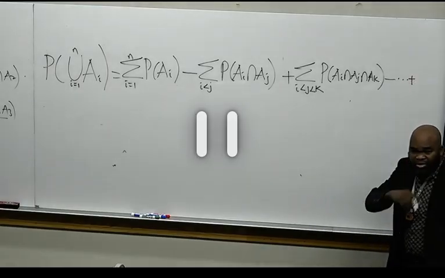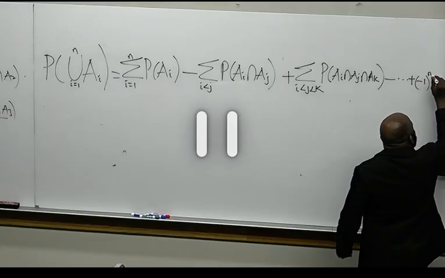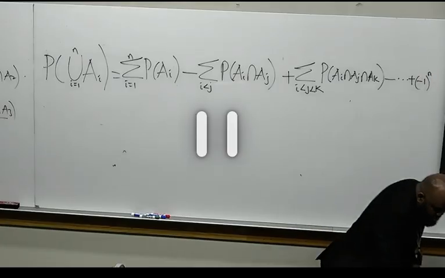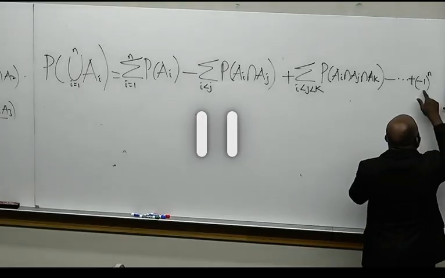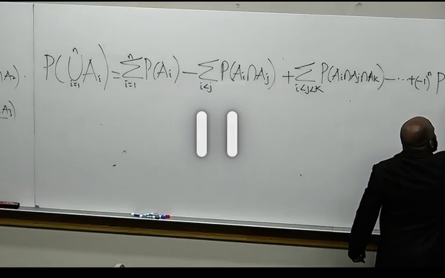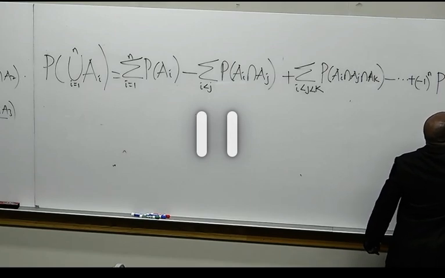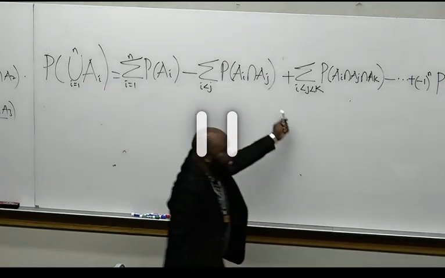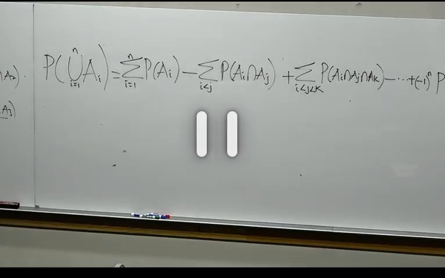Then there's going to be an alternating series. So negative 1 raised to the power n plus 1, then the intersection of A_i, I start from 1 to n.